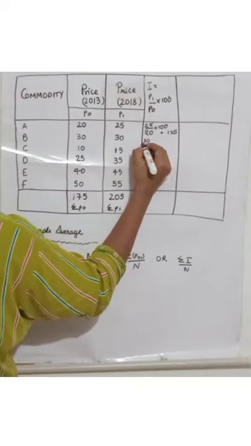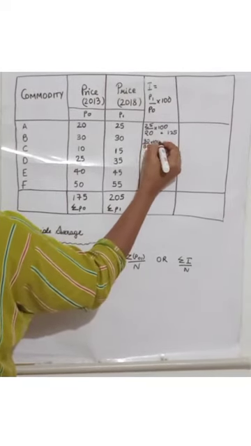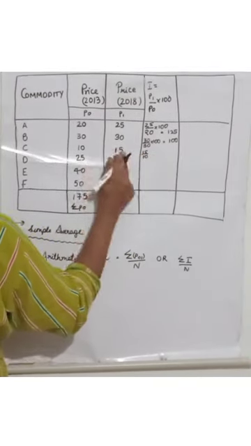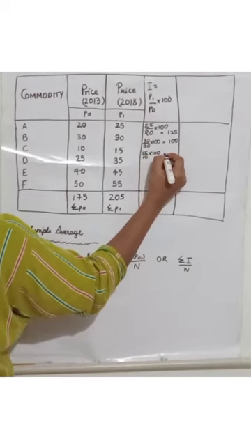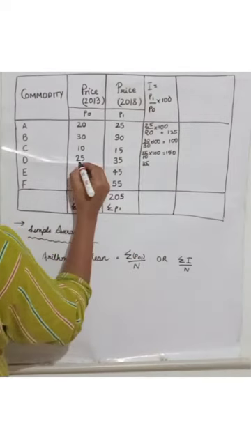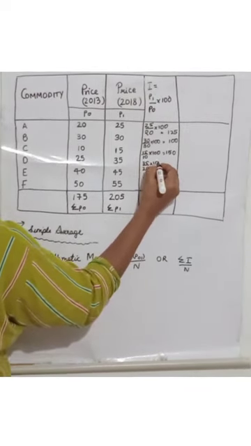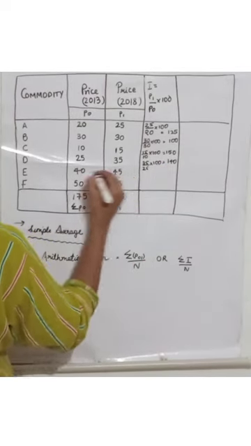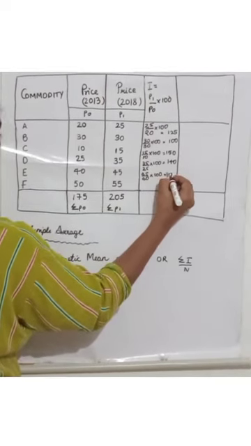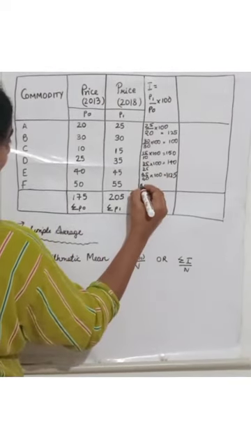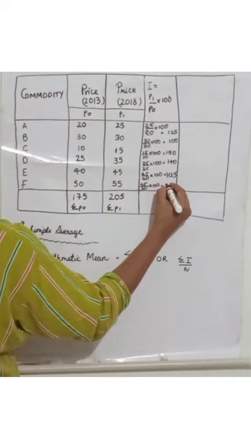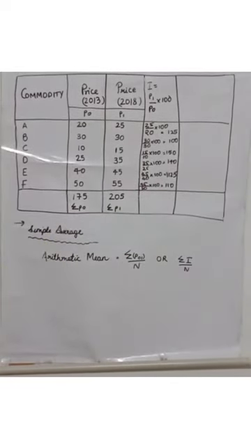Similarly for the second one, 30 divided by 30 into 100, we will get 100. 15 divided by 10 into 100, we will get 150. 35 divided by 25 into 100, 140. 45 divided by 40 into 100, 112.5, and finally 55 divided by 50, which is 110. These are the values of I.